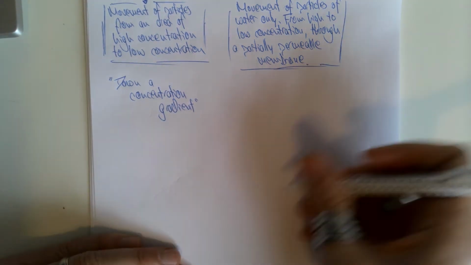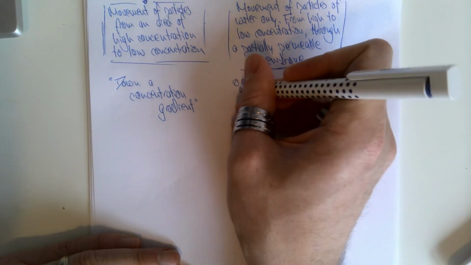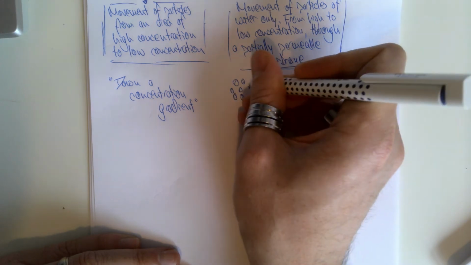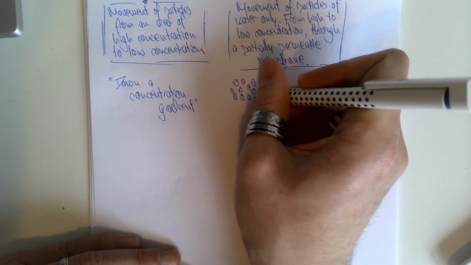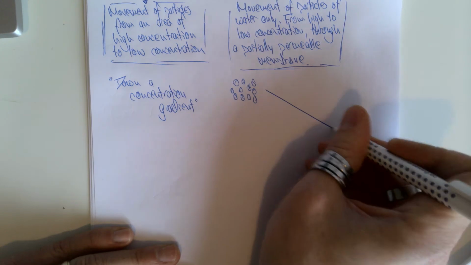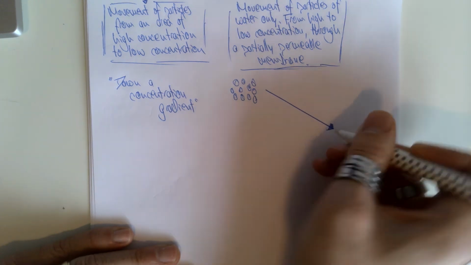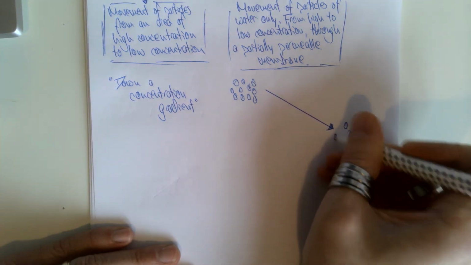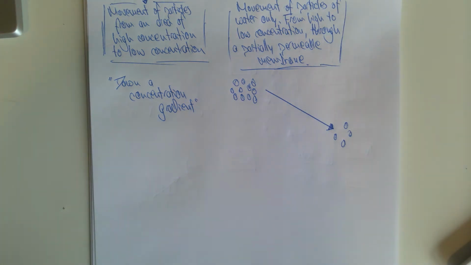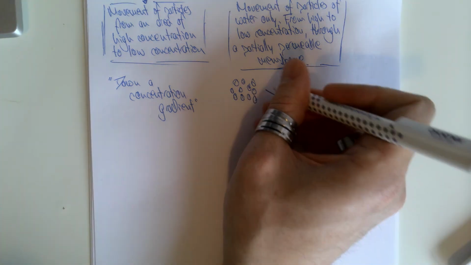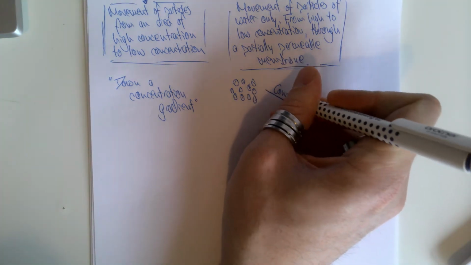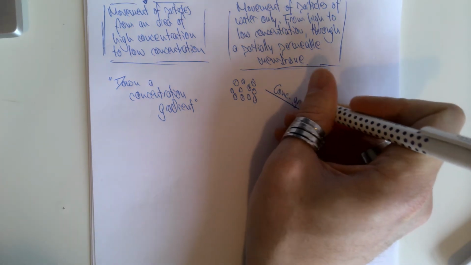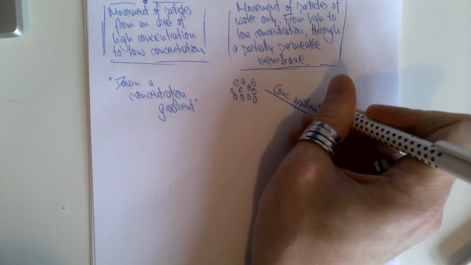Now, all that refers to is the fact that you have particles moving from where there are a lot to where there are fewer. And that difference in number between where there are a lot to fewer is what we call the concentration gradient.